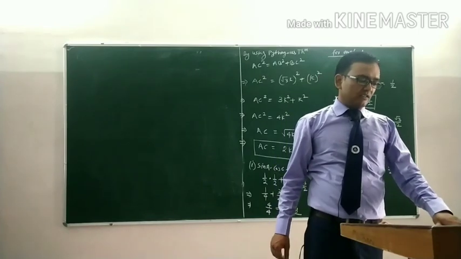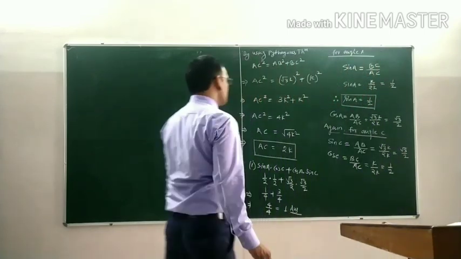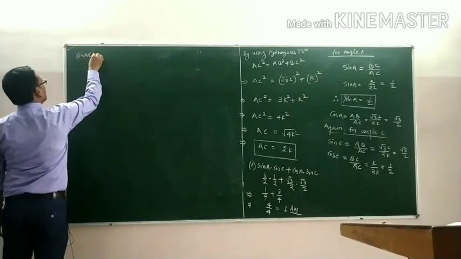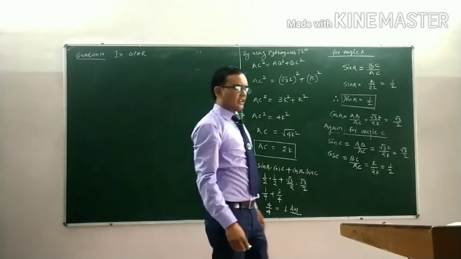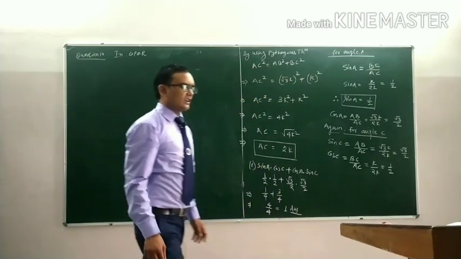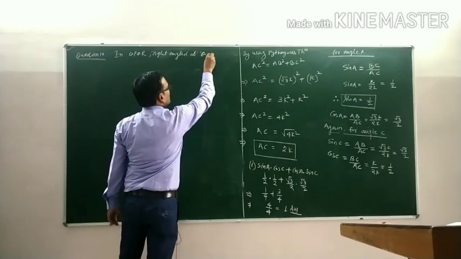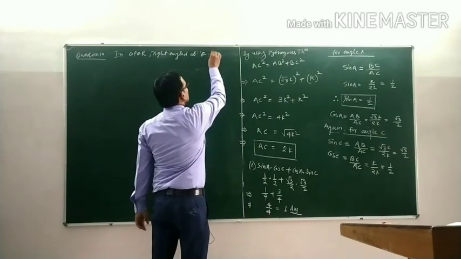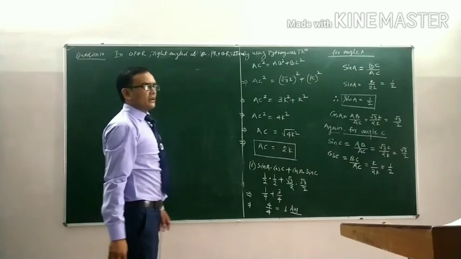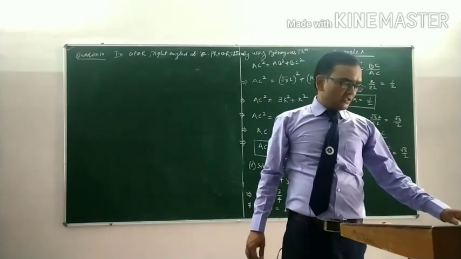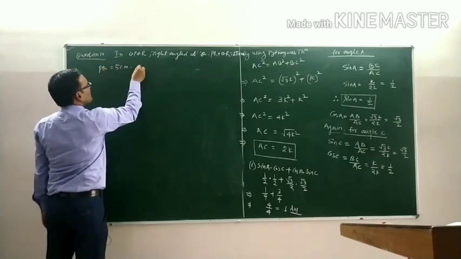In a triangle PQR, right angle at Q, PR plus QR equal to 25 centimeters, and PQ equal to 5 centimeters.